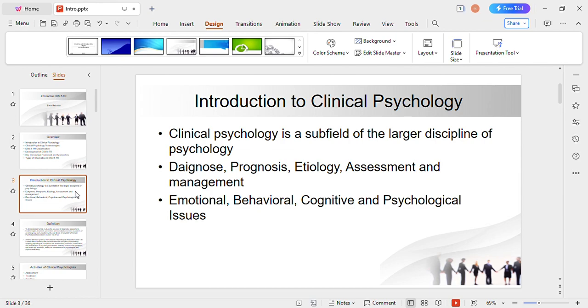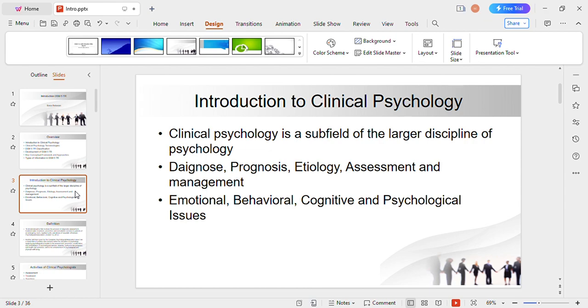So in clinical psychology, a professional or a clinical psychologist primarily focuses on the diagnosis, prognosis, etiology, assessment and management plan. For diagnosis, DSM-5-TR provides us a very authentic classification of diseases.